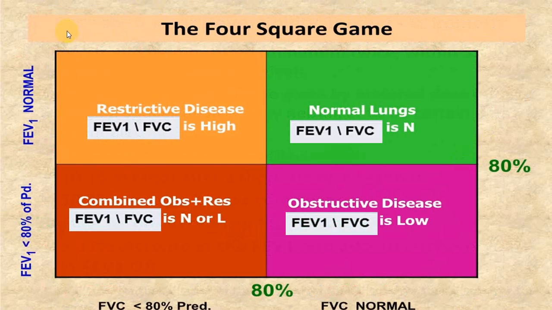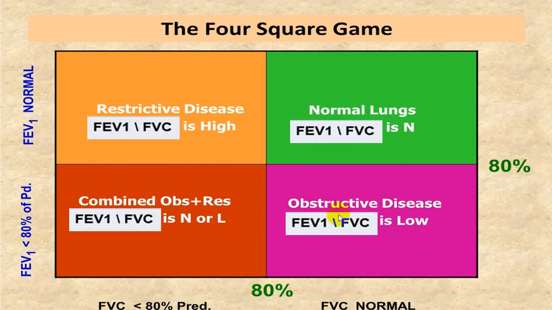And if FEV1 and FVC are high, it is more in favor of restrictive. If it is low, more in favor of obstructive. If it is normal, it may be normal or combined obstructive as well as restrictive.